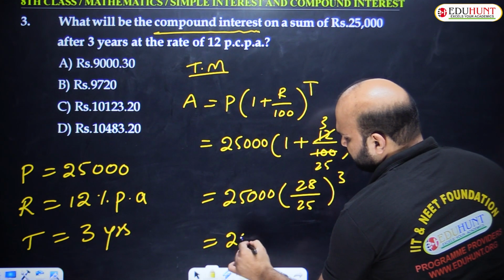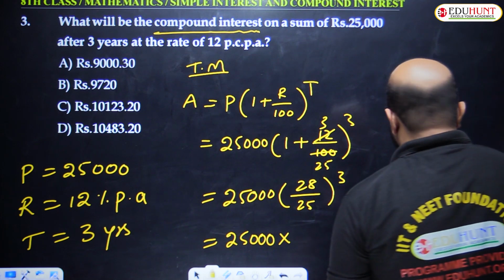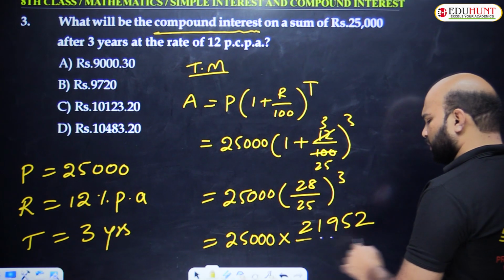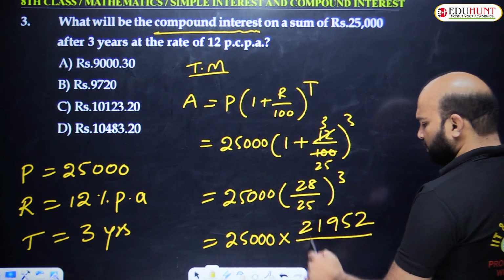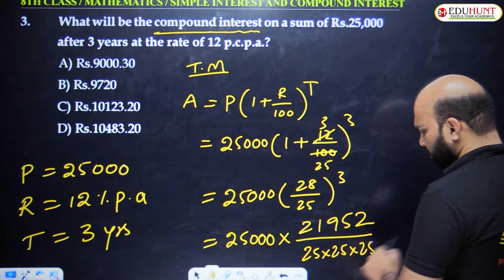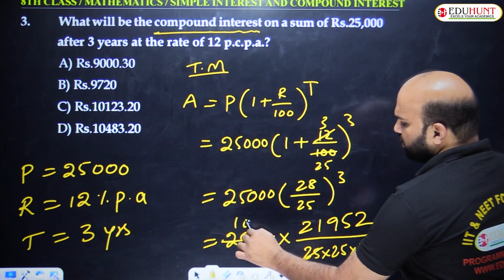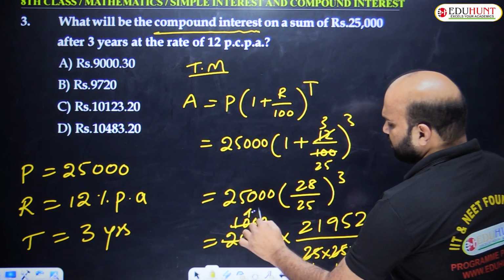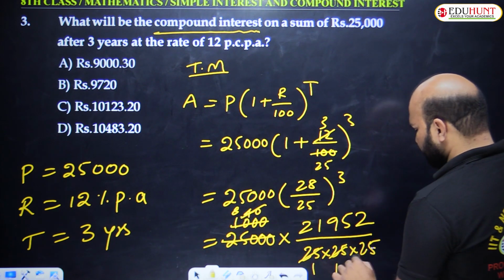So 25,000 into 28 cube, which is 21,952, over 25 cube. Don't take it directly, because 25 cube can be written as 25 into 25 into 25. Am I clear? First 25 ones are 25, then 1,000; again 25 into 40 is 1,000; again 5 and 8, 5 5s.